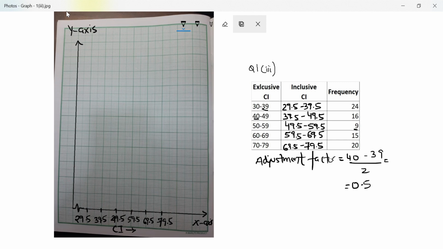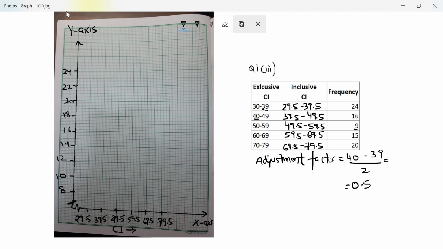Let's take a kink on the y-axis as well. This is 8, 10, 12, 14, 16, 18, 20, 22, 24. Perfect.